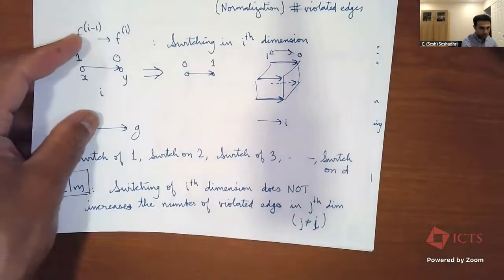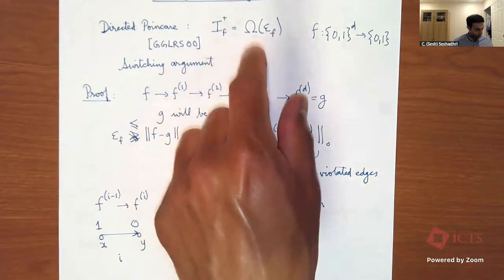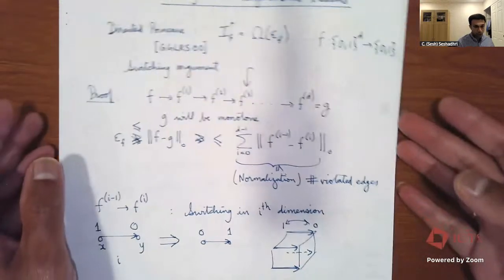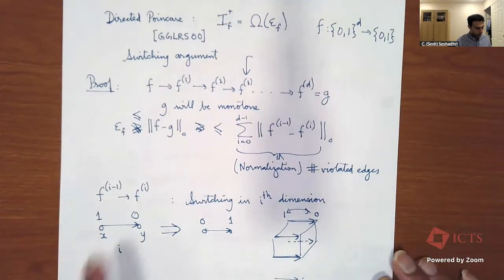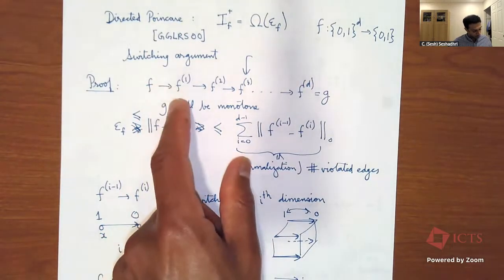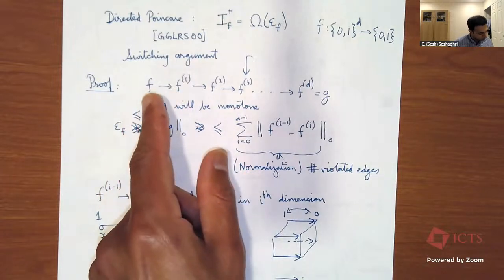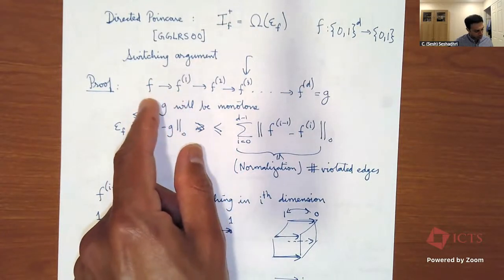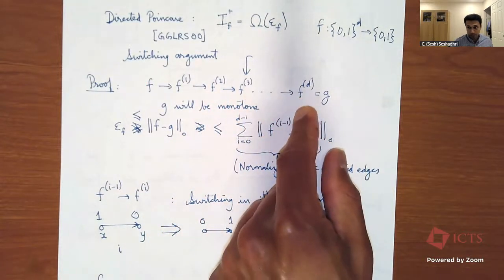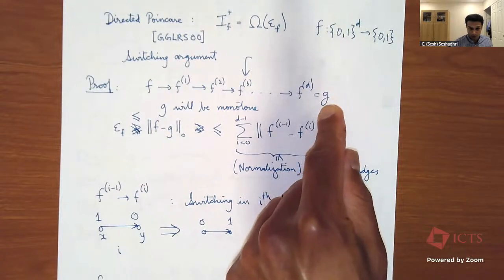So the directed Poincare inequality said that the directed influence is at least the distance to monotonicity. And the way we do this is by doing what's called a switching argument. We start from F and we successively transform F into F1, F2, F3, so on and so forth up to Fd, where Fd is equal to G. We will show that G is monotone.